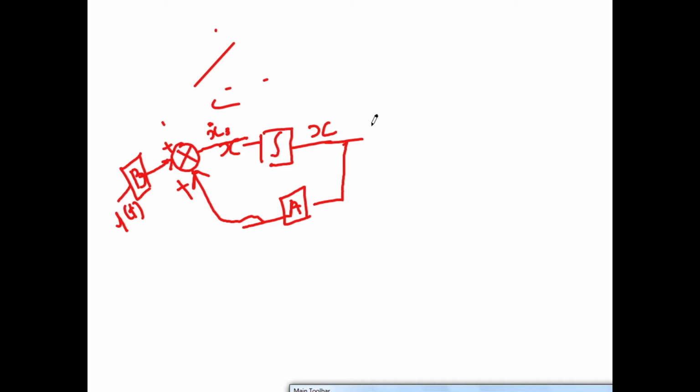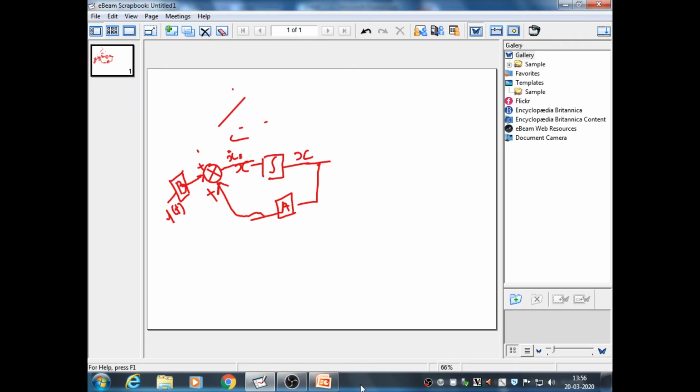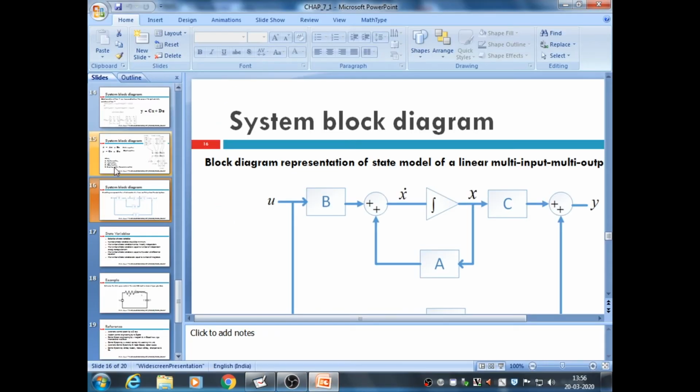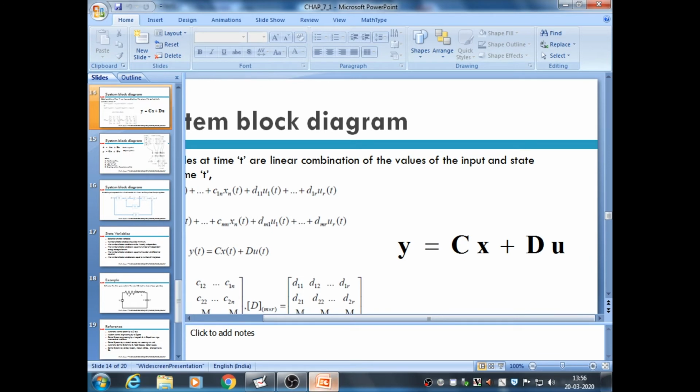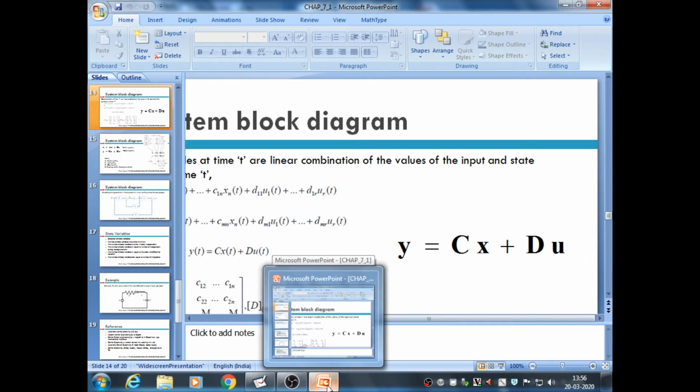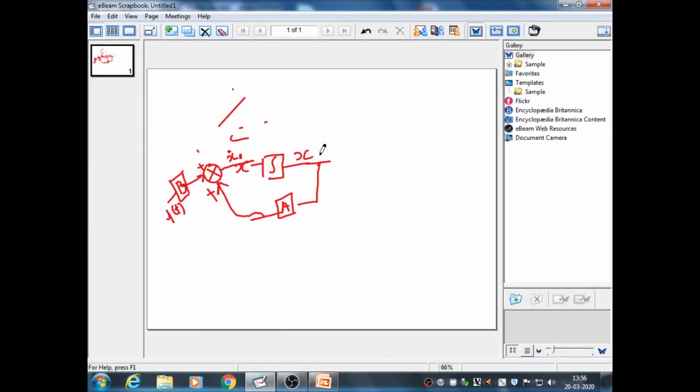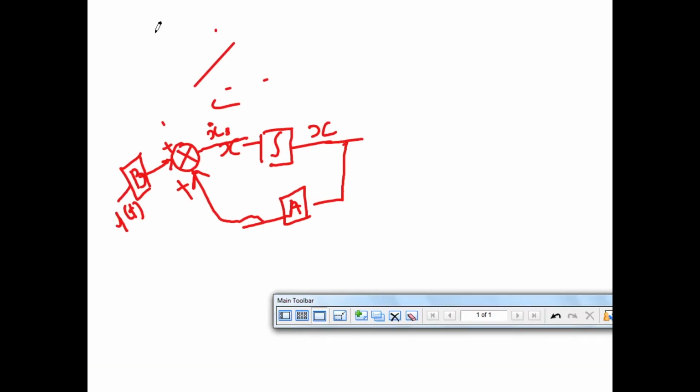Now the next part is the output equation. The output equation is y is equal to c x plus d into u. So our x is available over here, and it should be multiplied with a block c.